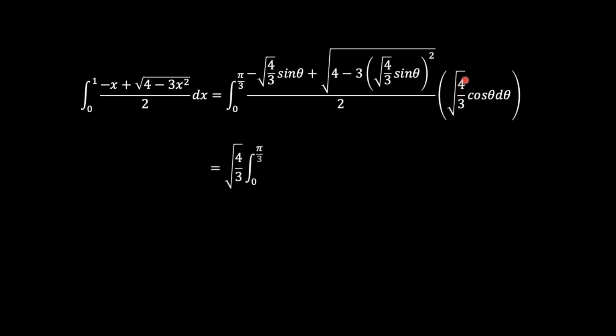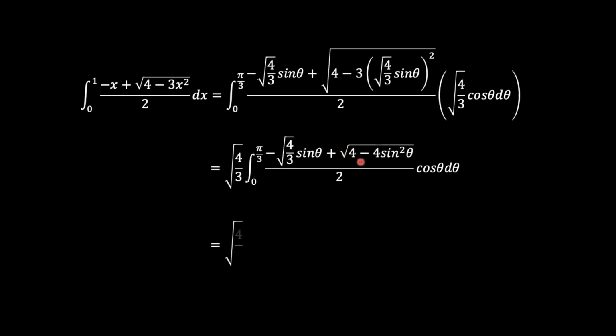And then now we can pull out this square root of 4 over 3 as a constant, and now we are left with, inside the square root sign, 4 sine squared theta. So this 4 can be pulled out, and we have 2. Square root of 4 is 2, and we're left with 1 minus sine squared theta. A square root of that becomes cosine theta.